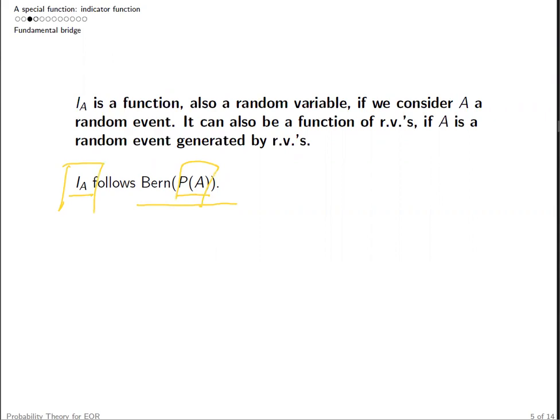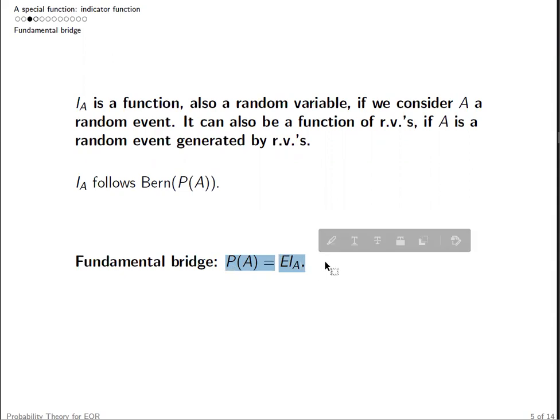And we have learned that the expectation of a Bernoulli distributed random variable is equal to the success rate. This is the fundamental bridge. If we look at this identity, notice that on the left-hand side is the probability value, and on the right-hand side is the expected value of an indicator function.